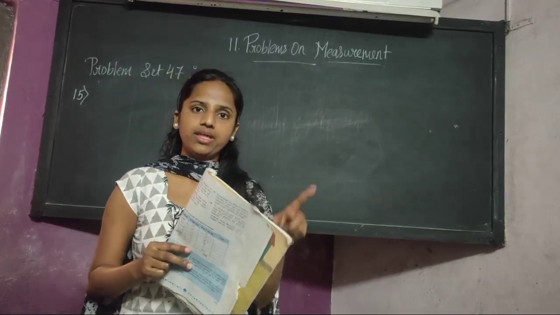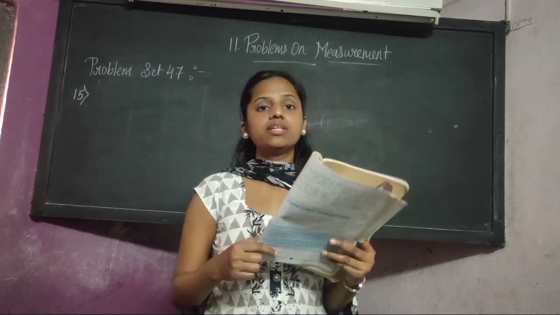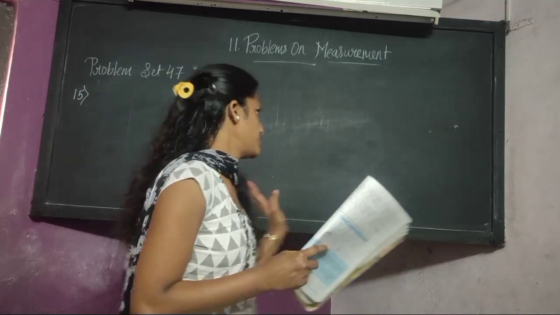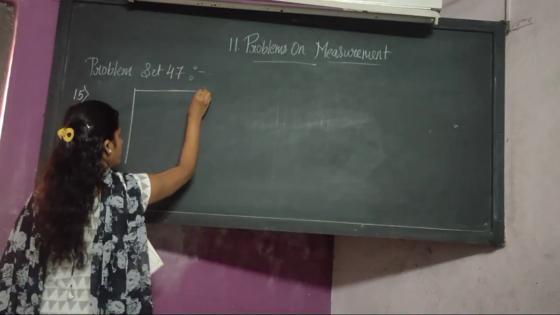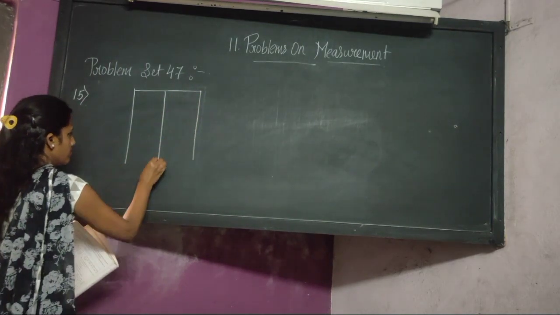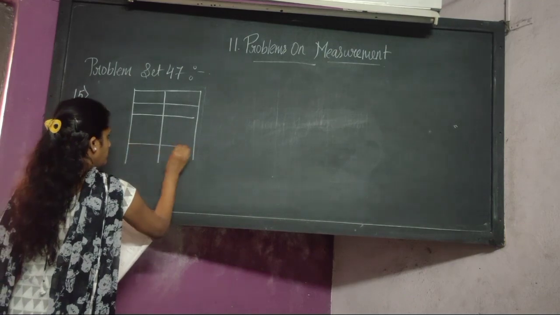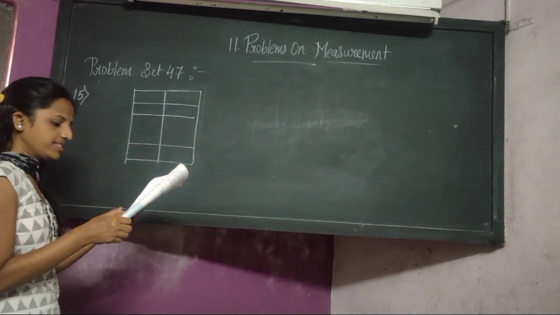Whenever it is altogether, at that time we have to do addition. The total weight bought by Harminder, that we have to find out. He has bought the weight from 2 shops. Let's write down that. First of all, make a table. Okay, the units are kg and gram.